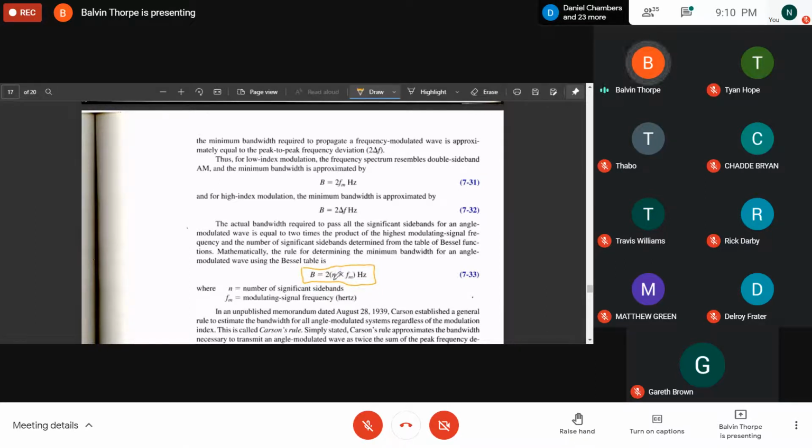Remember, n is the number of significant sidebands times the frequency of the modulating signal. That's how the Bessel function table determines the bandwidth of a system. Let's use that and do our calculation. I'll show you graphically how to do the calculation, and I'll finish in about 5 minutes or less.